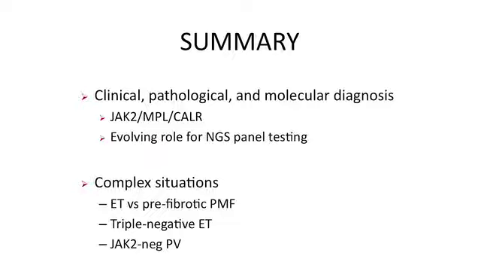For me, as a working laboratory hematologist, the morphological distinction between ET and early myelofibrosis, sometimes even between ET and PV, can be very difficult. And triple negative ET, and to a lesser extent triple negative myelofibrosis, pose something of a problem because we just don't have that thing we can say, well, yes, you've got this mutation, yes, it must be an MPN, and it's definitely not a reactive condition.